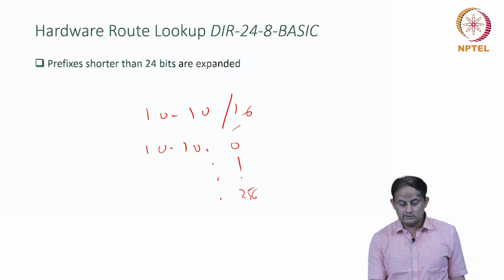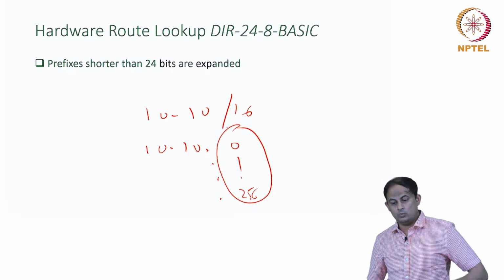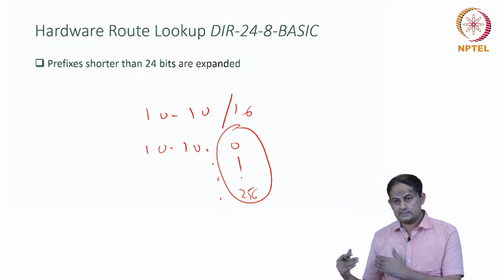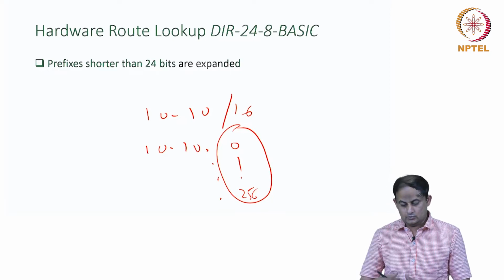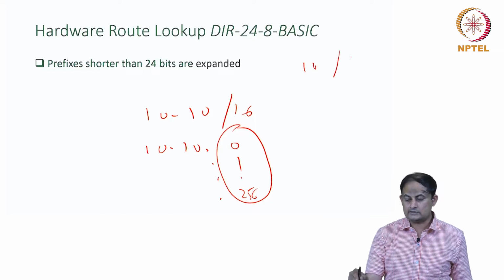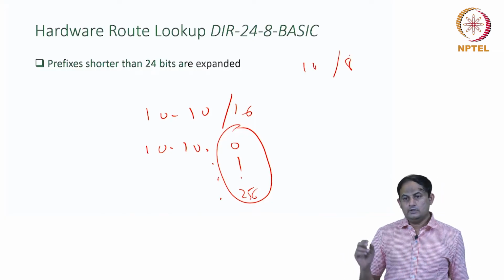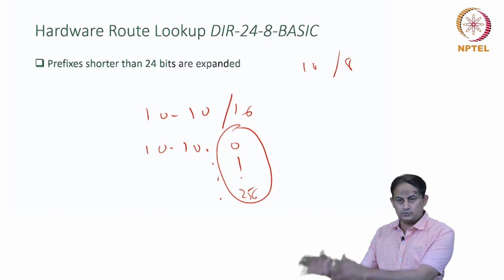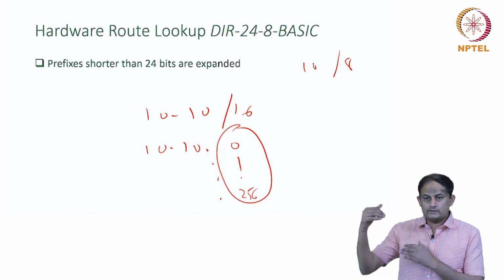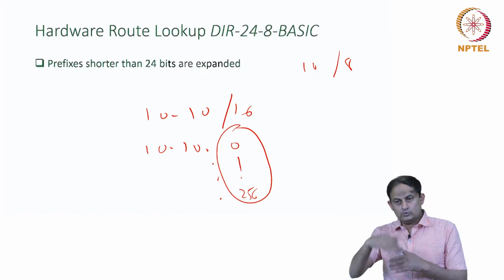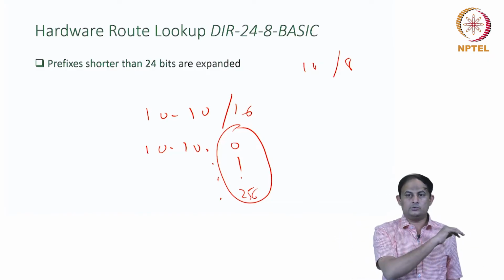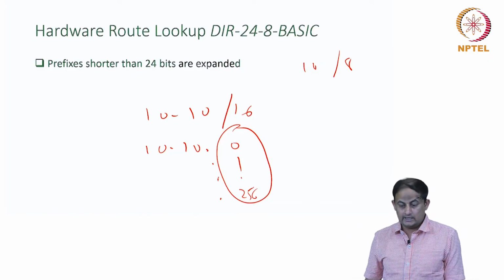So for all these 256 entries, one entry having /16 is expanded to 256 entries, then stored. If you have 10/8, then 256 possibilities for the second position and 256 possibilities for the third position, that is 256 cross 256 times the prefix is expanded and then stored in the first level table. So, that is what is done.